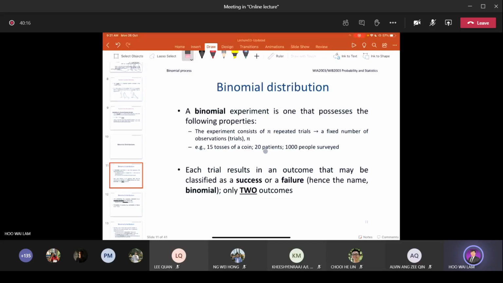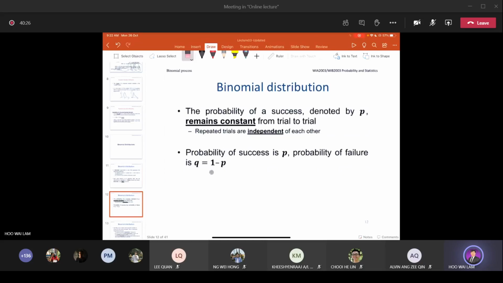Every time you're asking the patient whether he has fever or not, you don't really affect your next outcome, and so on. So probability of success is p, probability of failure is q, which is 1 minus p.